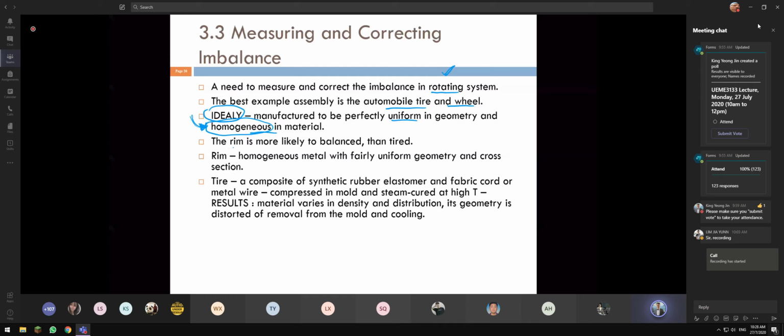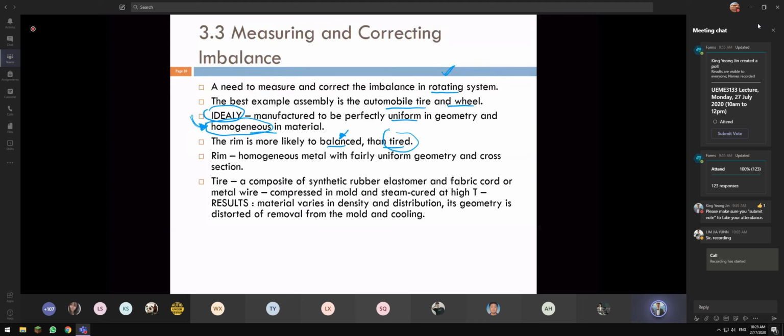So rims are more likely to be balanced than tires. The meaning here is that the rim is easiest to manufacture close to a perfect balance condition, because it is a metal casting part most of the time.